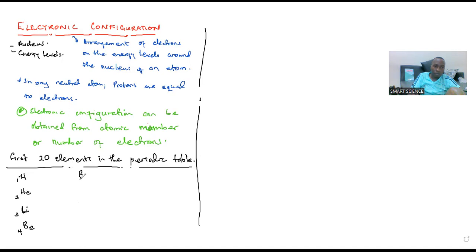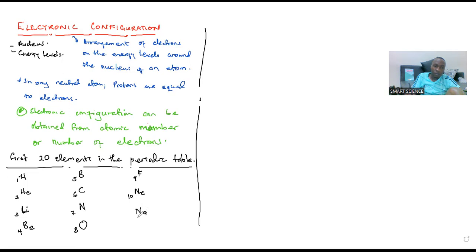Boron with atomic number 5. Carbon with atomic number 6. From carbon, we meet nitrogen with atomic number 7. We meet oxygen with atomic number 8. We meet fluorine with atomic number 9. Neon with atomic number 10.